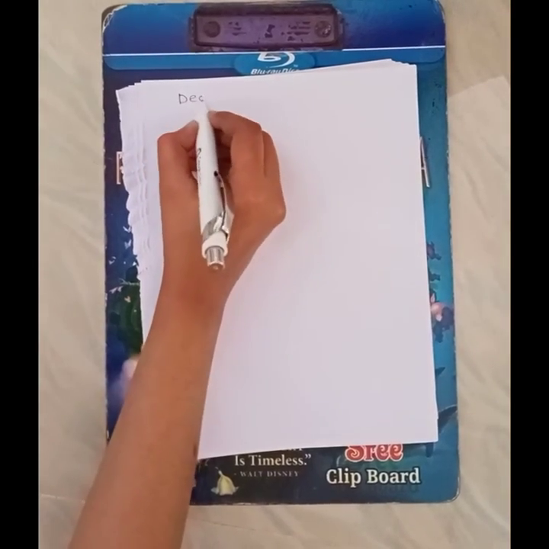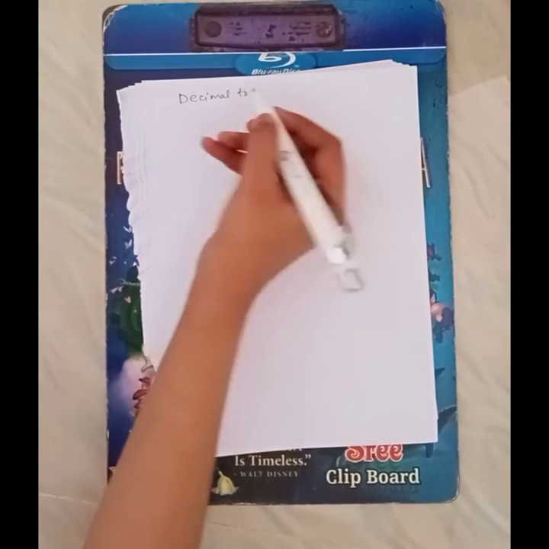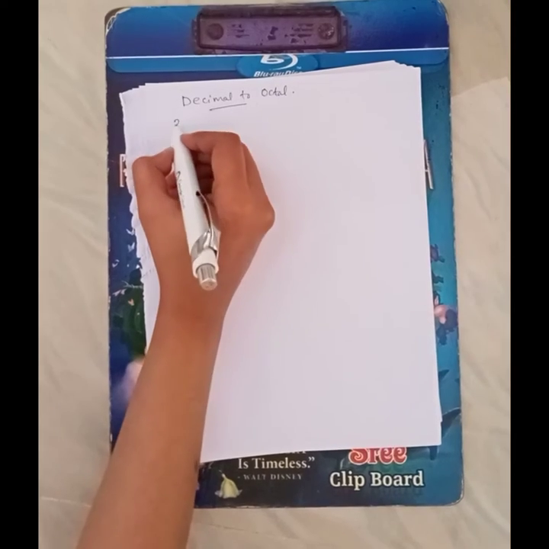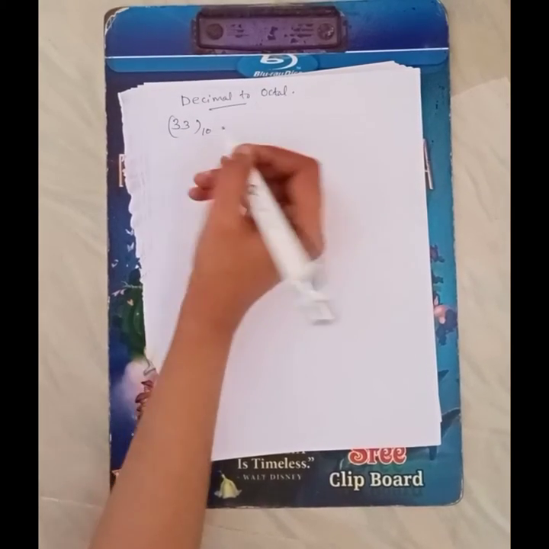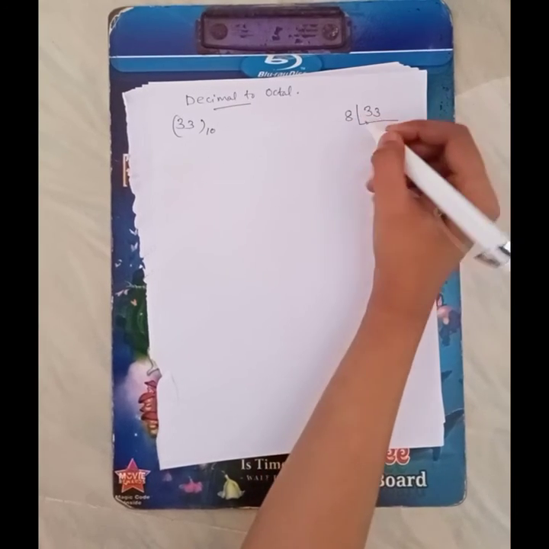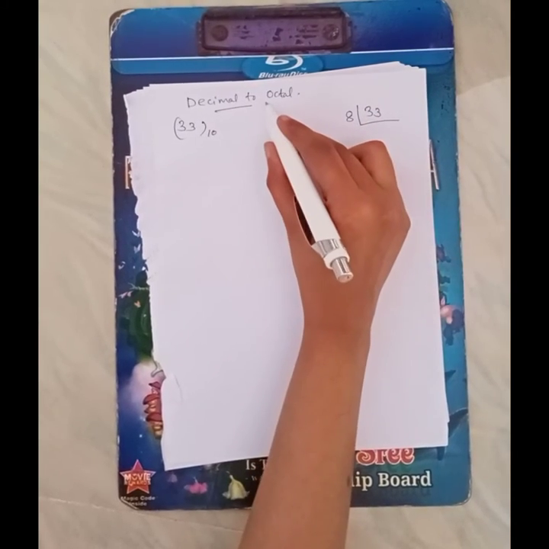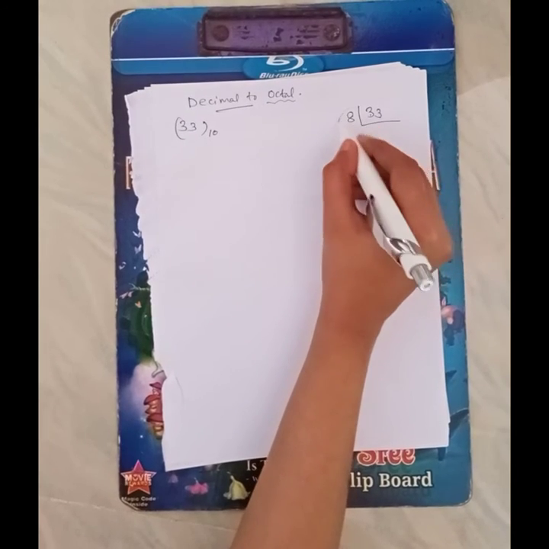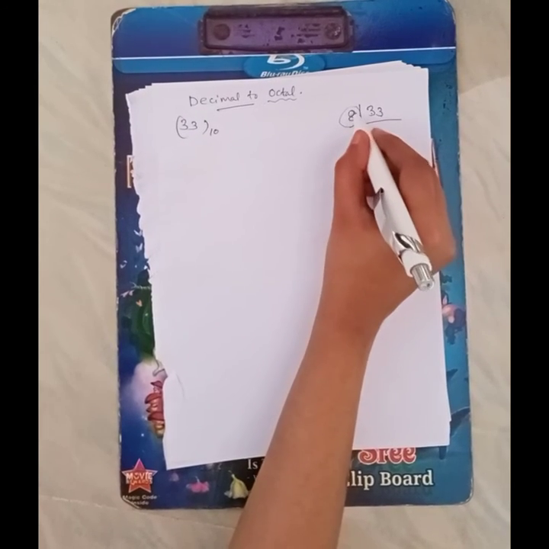Now let's see decimal to octal conversion. Let's take a decimal number 33. 33 is divided with 8 because we are converting decimal to octal, and 33 is the decimal number and we have to convert it to octal. So this 8 comes.